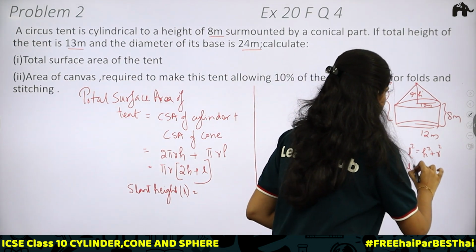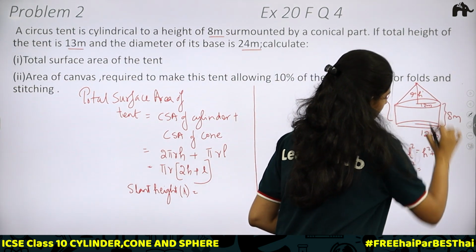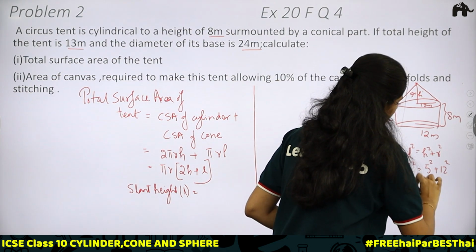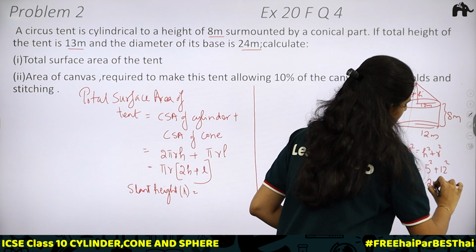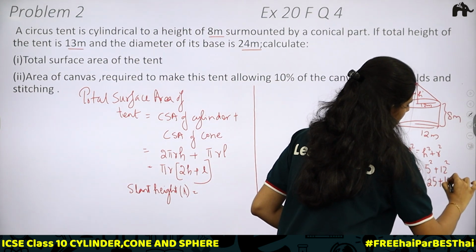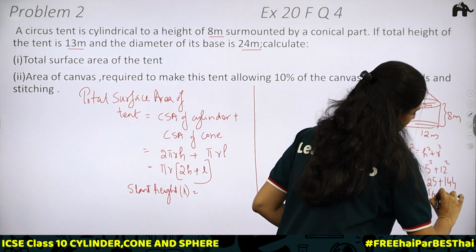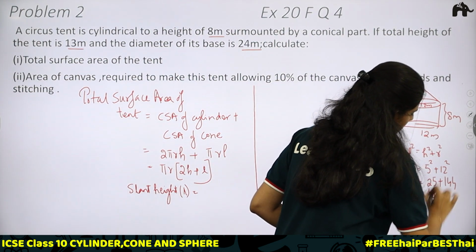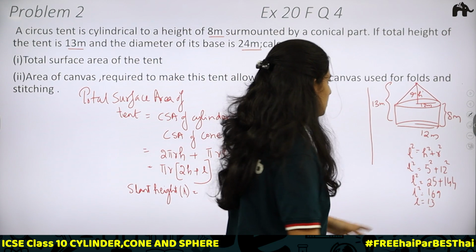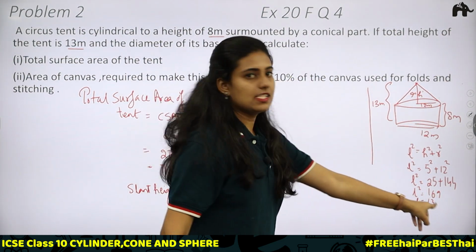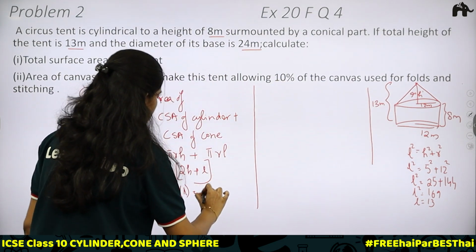Putting values, L square is equal to 5 square plus 12 square, which is 25 plus 144. L square is equal to 169 and L is equal to 13. We have studied this Pythagorean triplet 5, 12, 13. So 13 is the slant height.